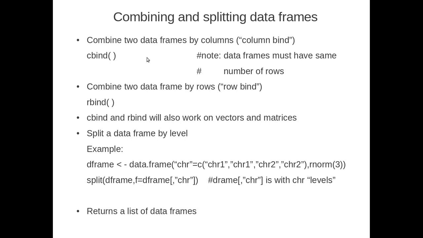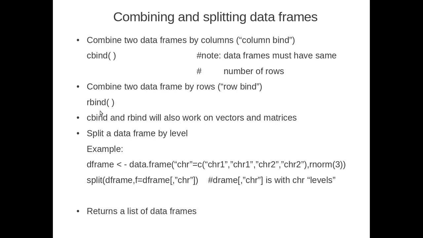If those rows are matching, say they're all the same positions in the genome, and you want to simply join the two together, you can use cbind to bind them column-wise so that you will now have 7 columns of data with the same number of rows.